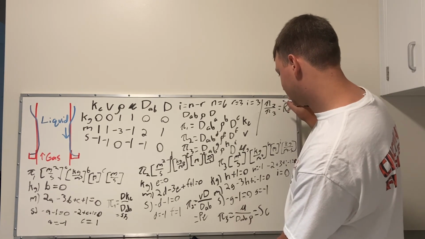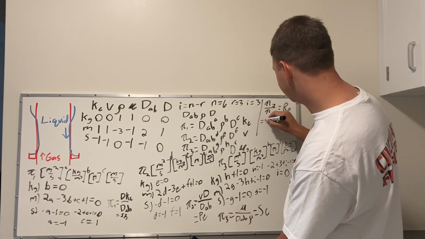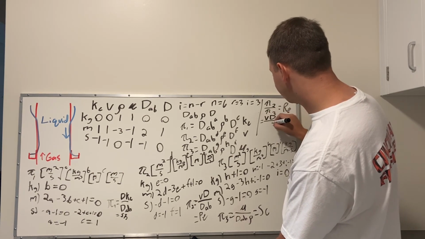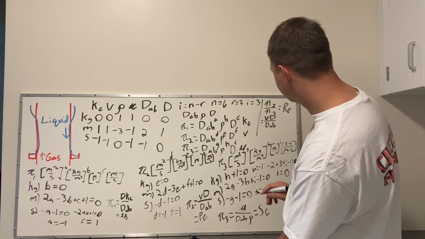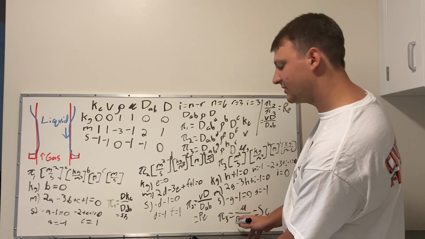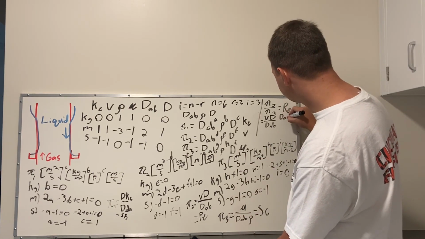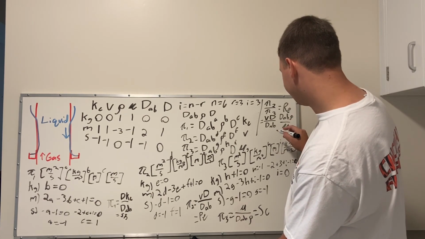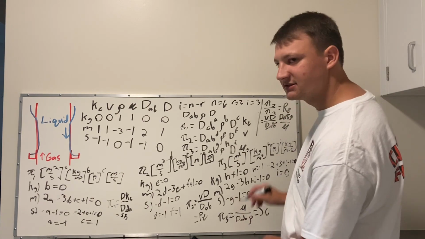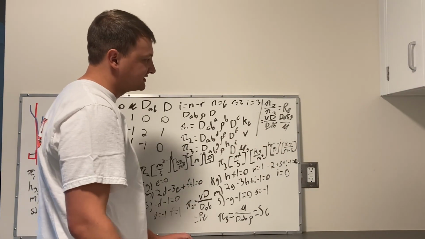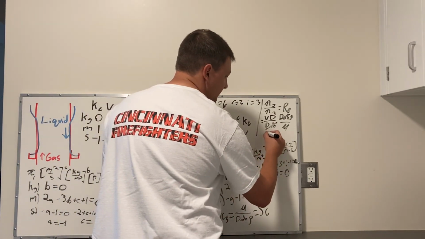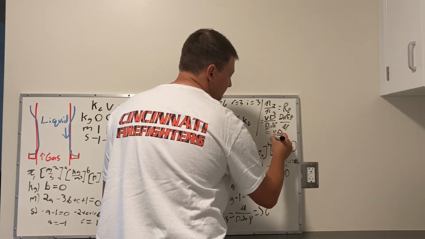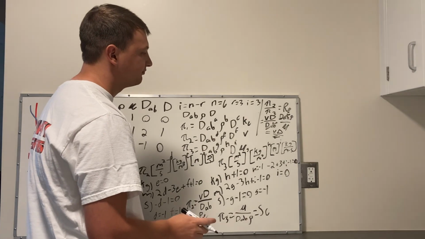You get velocity times our length group times our mass diffusivity, and then divide by pi 3, so we'll just flip it: mass diffusivity times density divided by viscosity. Cross out your mass diffusivity constants, give you Reynolds being velocity times length dimension divided by the viscosity.